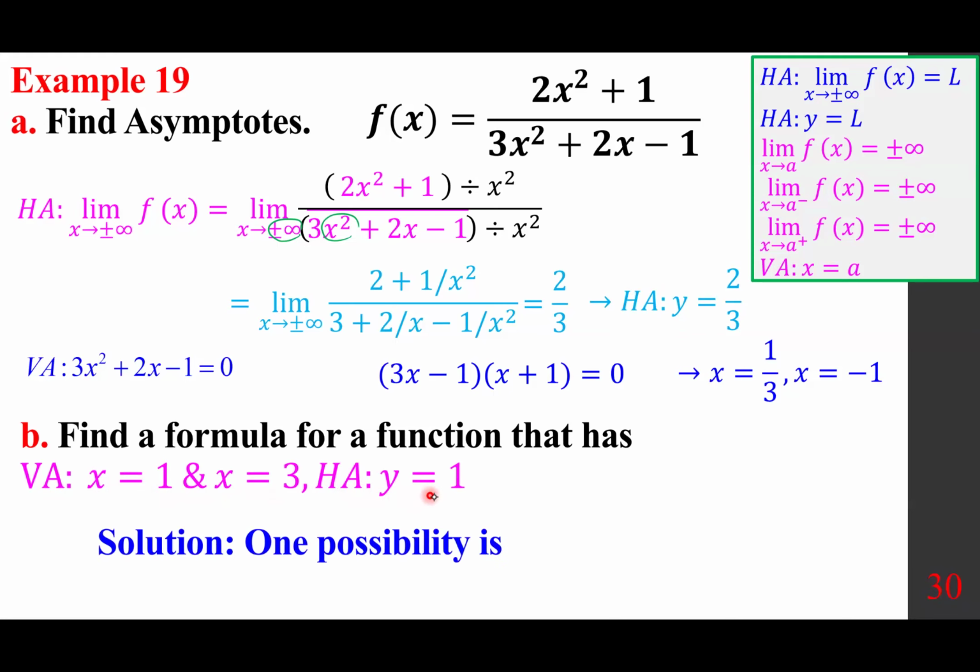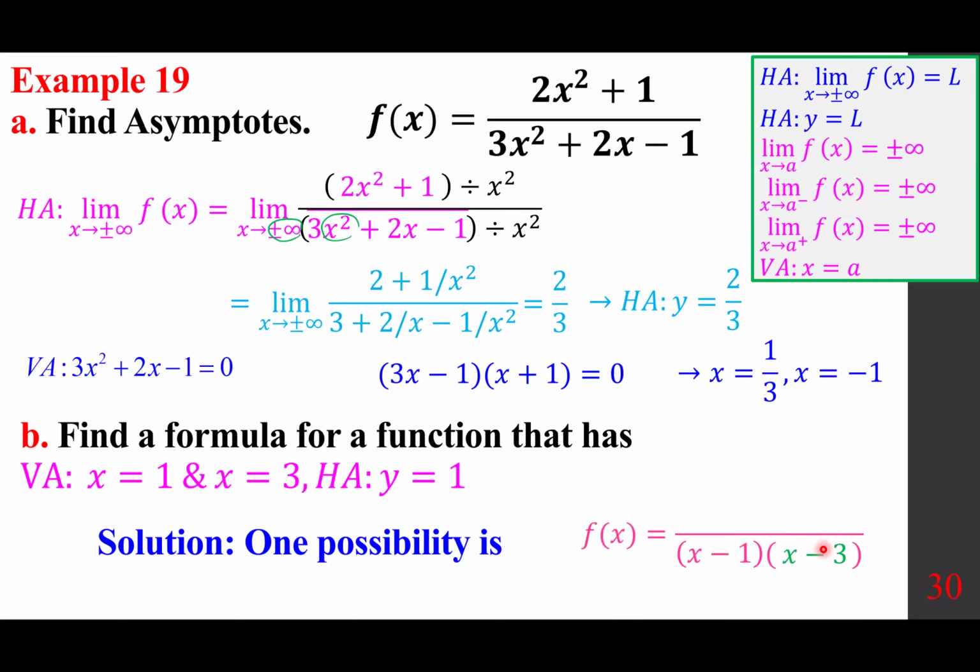One possibility is that because the vertical asymptotes are x equals 1 and x equals 3, this can give us x minus 1. This can give us x minus 3. So this gives us x minus 1 and x minus 3 in the denominator.